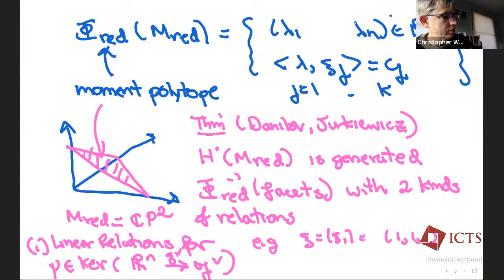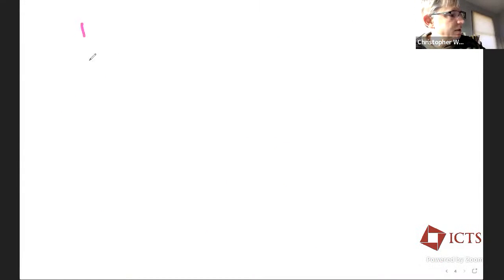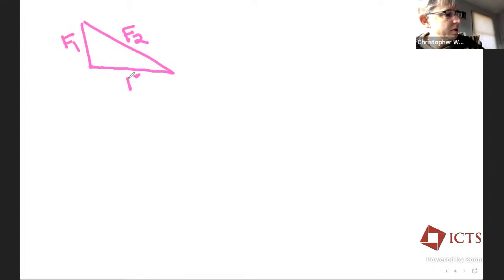Then the kernel of the dot product with (1, 1, 1) contains the vectors (1, -1, 0) and (0, 1, -1). And so in CP2, you have these three facets, F1, F2, and F3.